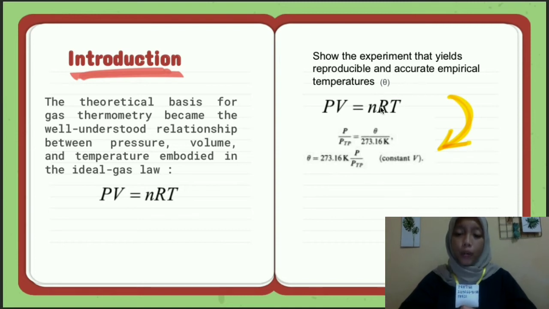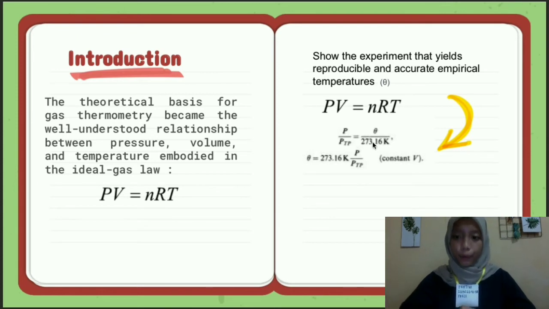From the ideal gas law equality, we can eliminate and substitute this formula with the PTP and the temperature assigned at the triple point, whose value is 273.16 Kelvin.